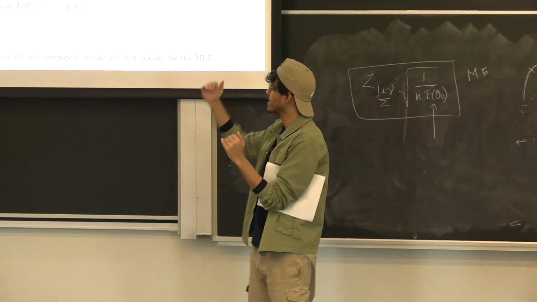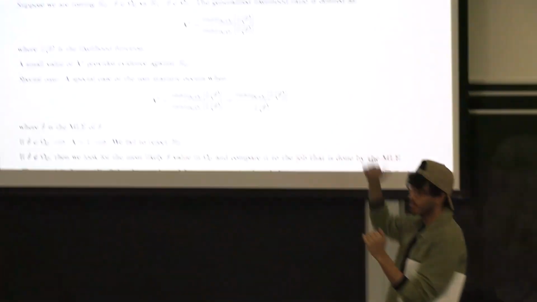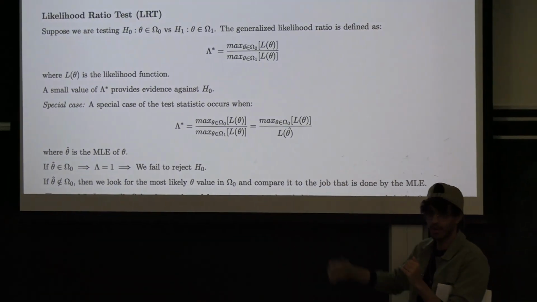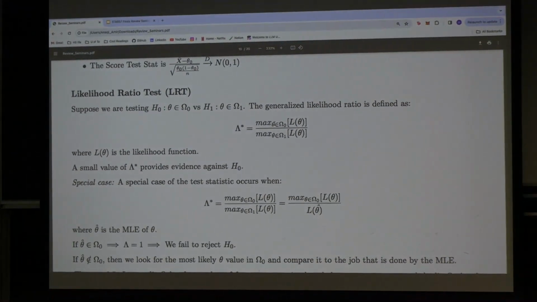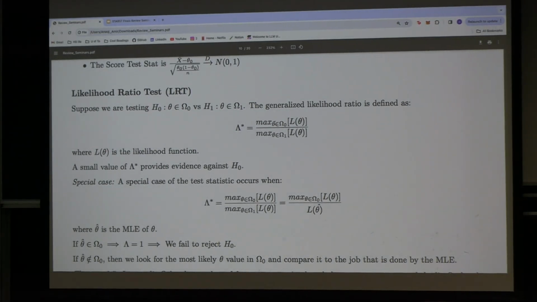And then if the numerator is better, I'll get a ratio that's bigger. So what would that imply? That would imply that it's much more likely that the true parameter is in omega naught rather than omega 1. So it's just sort of a comparison.